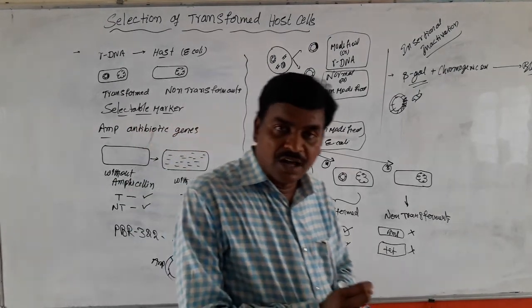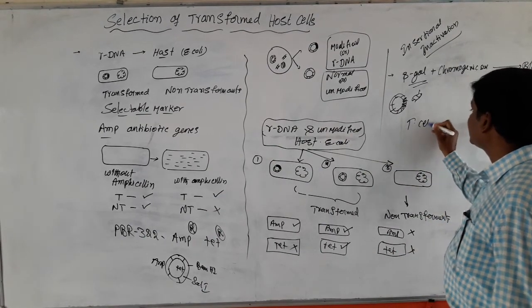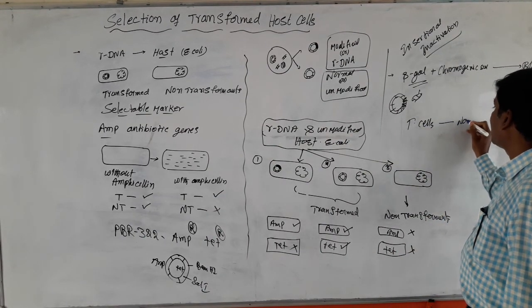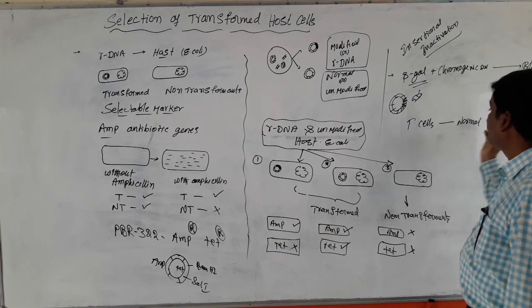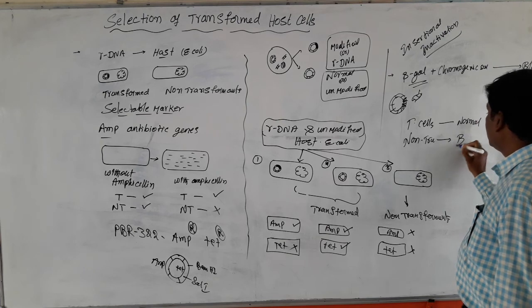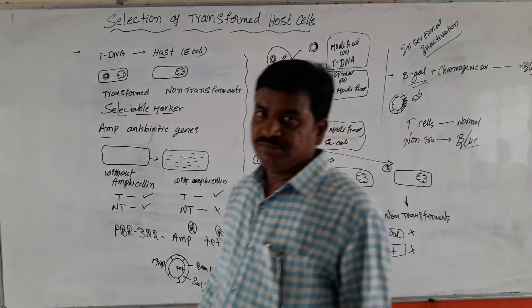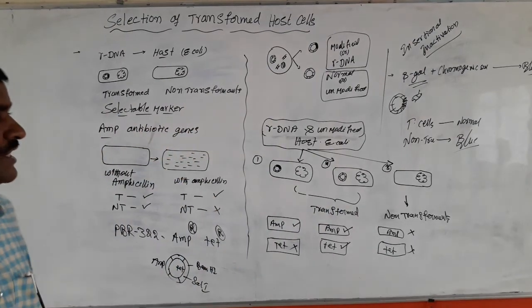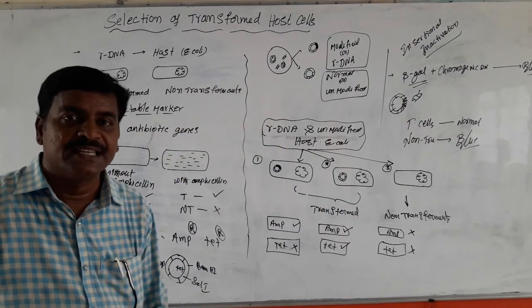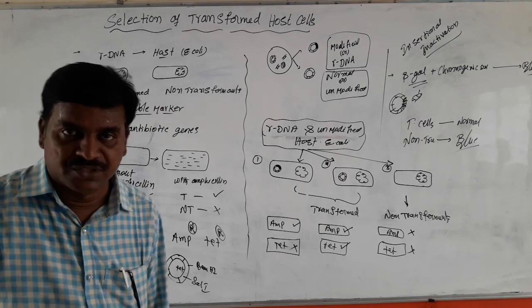So they are in a normal color. So transformed cells are present in normal color. But non-transformed cells are converted into blue color. By using this chromogenic substance, we can easily recognize which are transformed cells and which are non-transformed cells.